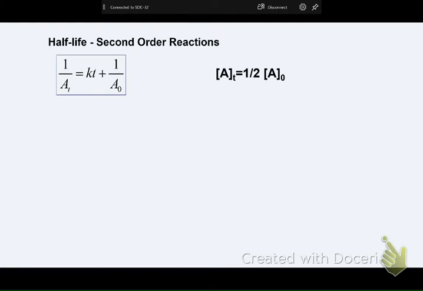But one of the things that you can say is that A_t is 1/2 A0. So this concentration is half the initial. And again, I'm going to make t equal to t 1/2.